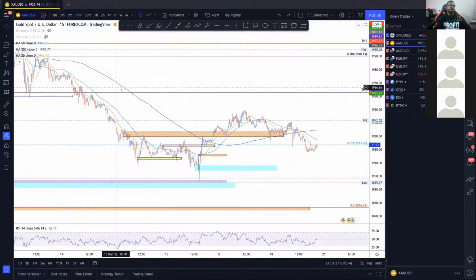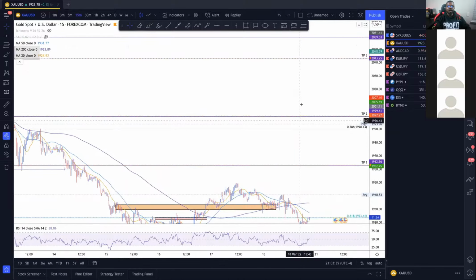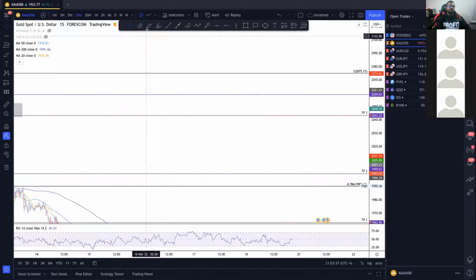The yellow rectangle, I use that when I'm trapping a range. From our course, I'll leave this in the free video.